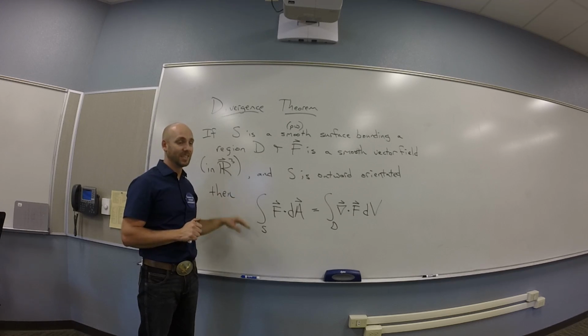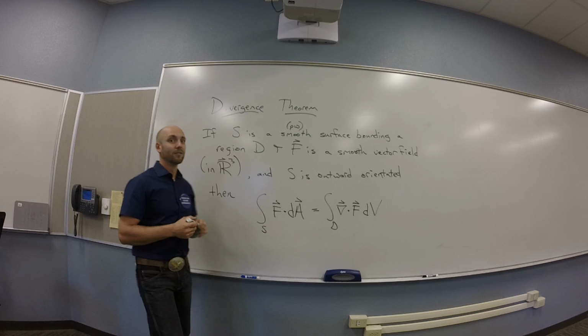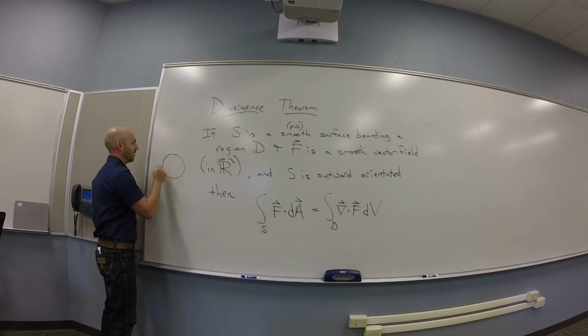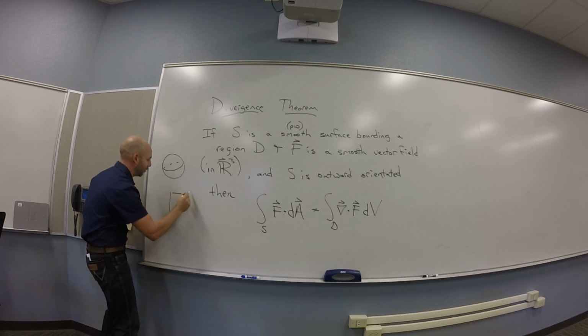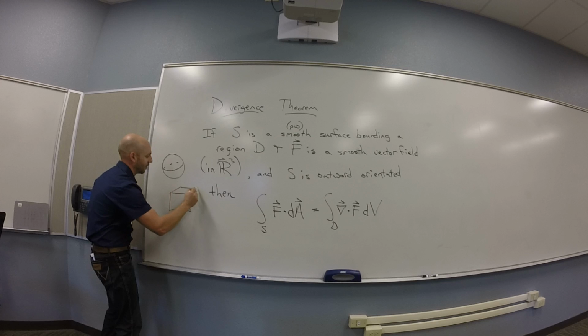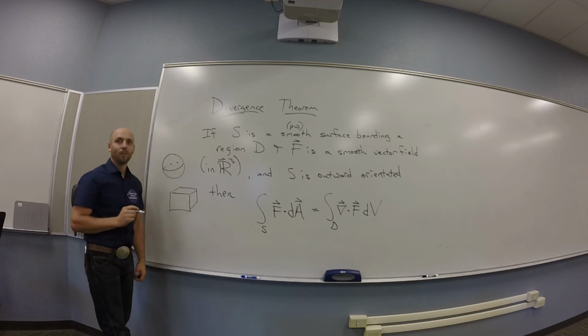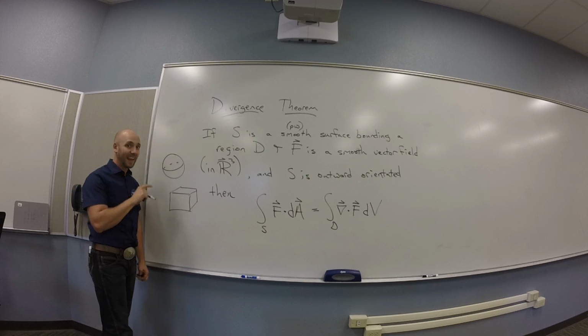This thing actually needs to enclose something. So you can do fluxes through spheres with this. You can do fluxes through cubes, as long as all the sides are included and they're all oriented the right way.